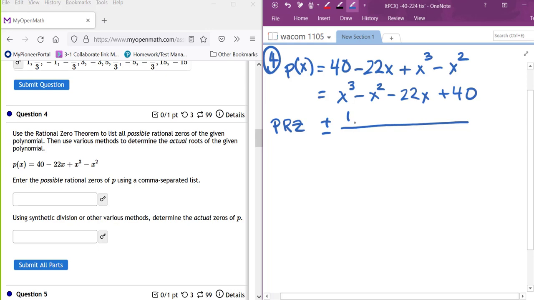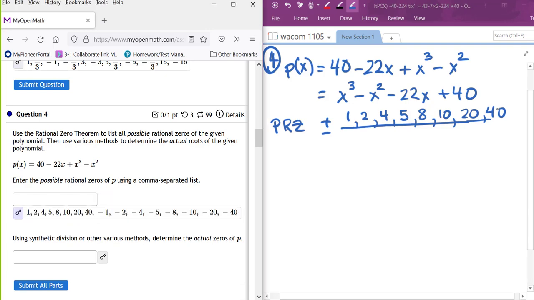So 1 goes into 40, 2, 3 does not, 4 does, 5 does, no 6, no 7, 8, 10, 20, and 40. So those are our possible rational zeros. That would be the first thing in the list, so positive and negative.